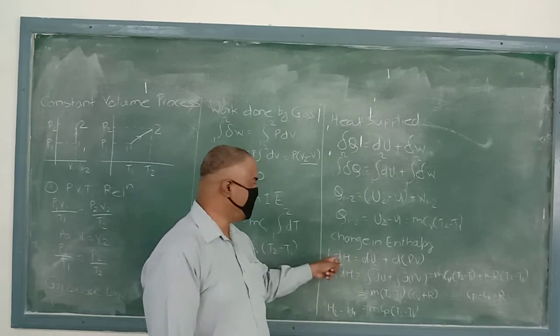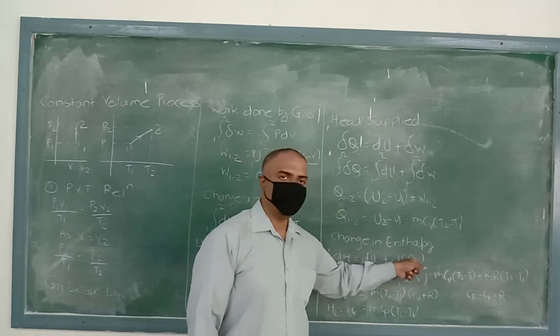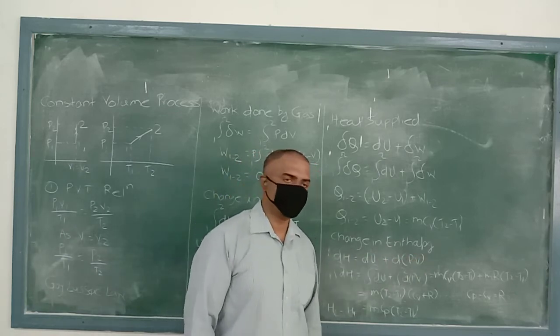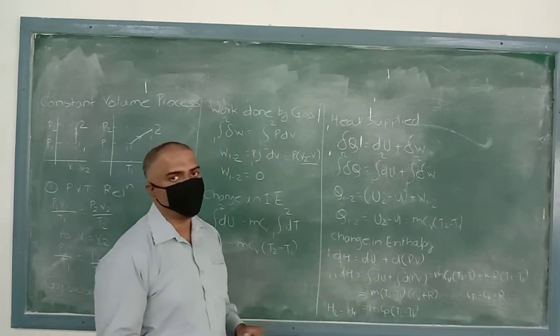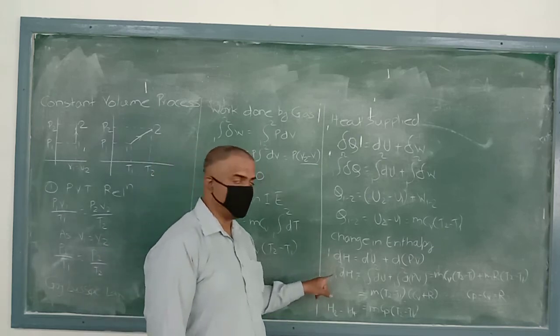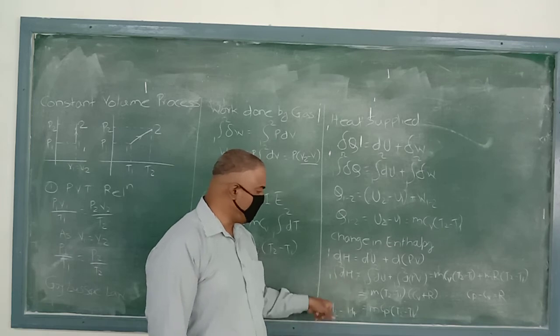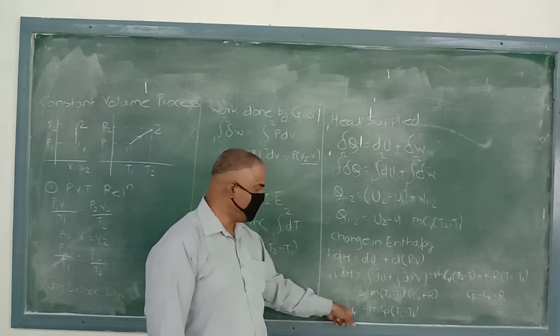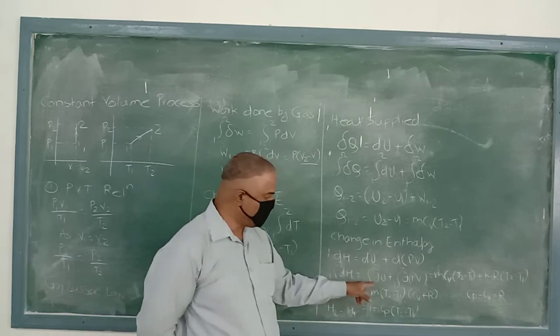So that's why I have written dH is equal to dU plus d(PV). So we have to integrate this equation. This is a small amount of change of enthalpy. So after taking the integration within the limits 1 to 2, we got H2 minus H1. Now here we are taking the integration 1 to 2 dU.